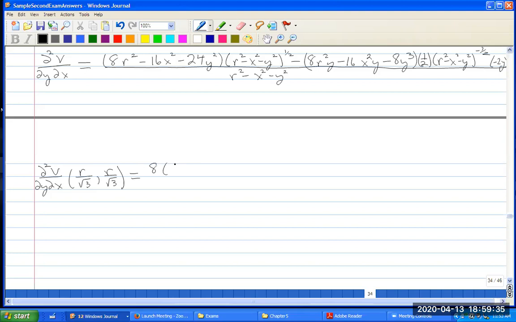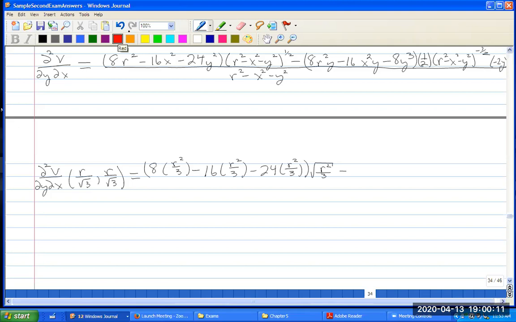If you square this, you get an r squared over 3 minus 16 r squared over 3 minus 24 r squared over 3 again. The r squared minus r squared over 3 minus r squared over 3 gives me an r squared over 3 minus 8.